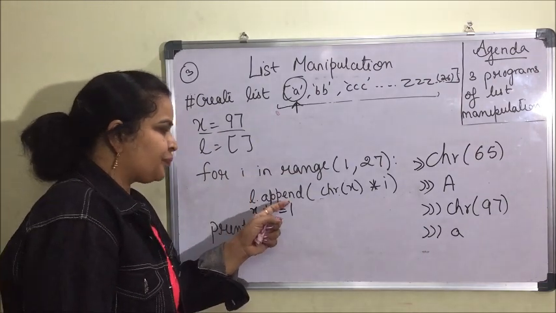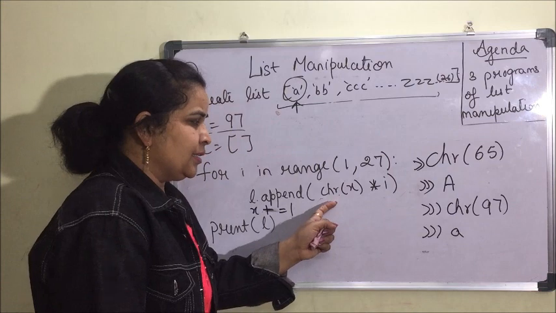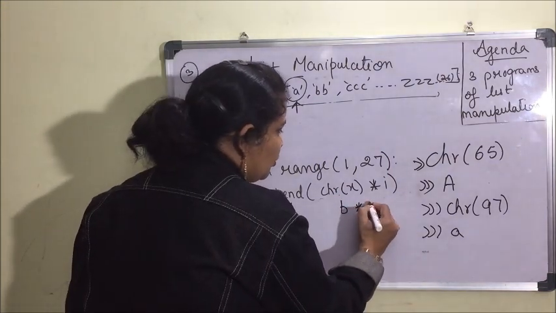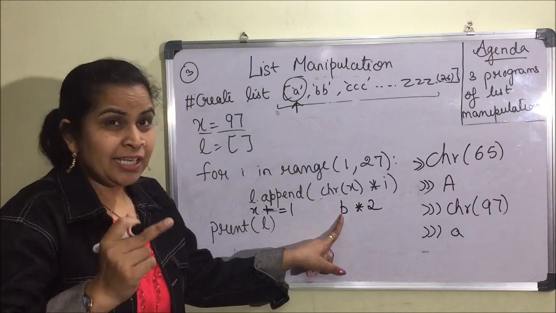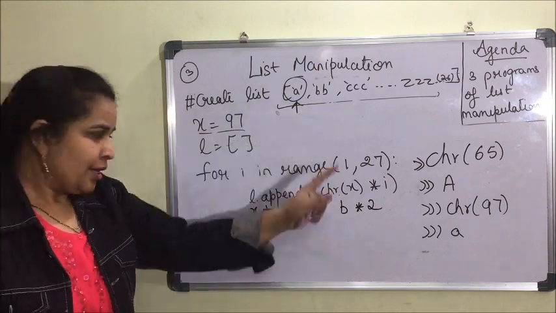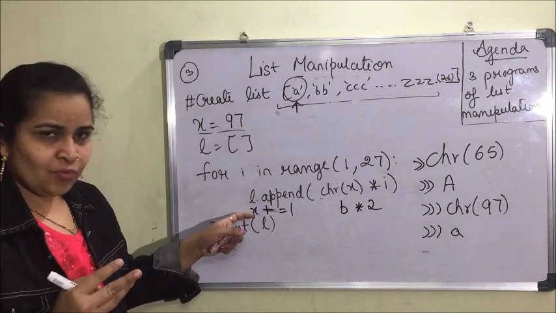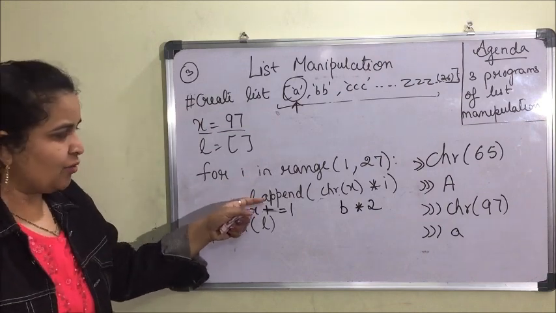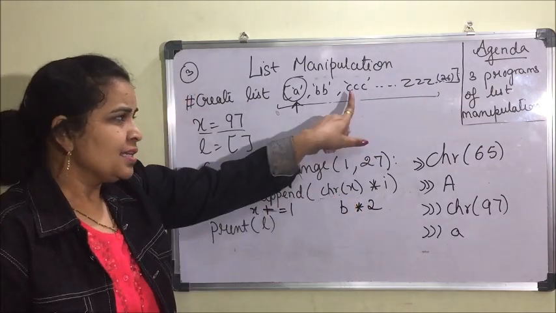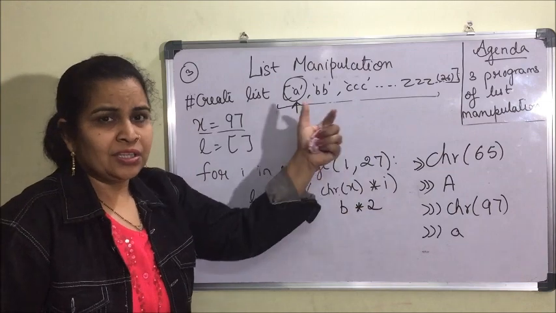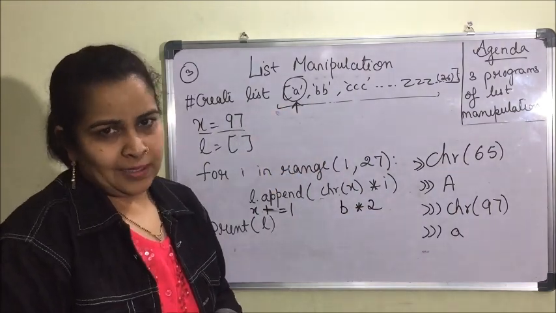It will come here and append chr(98), that is small b, into 2, meaning it will return b 2 times, that is this value. In the next iteration, the value of I will be 3 and x will be 99. So it will append chr(99), that is c, into 3 times. And finally, we will get 26 copies of z.